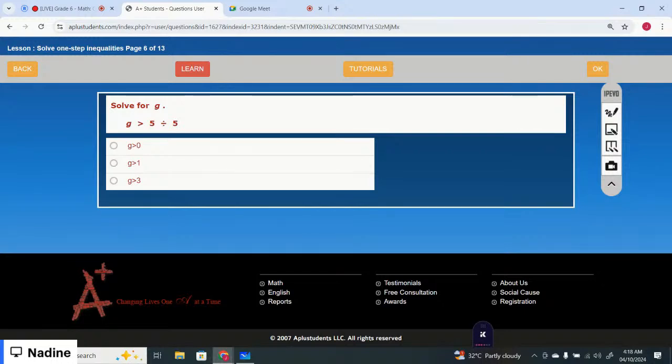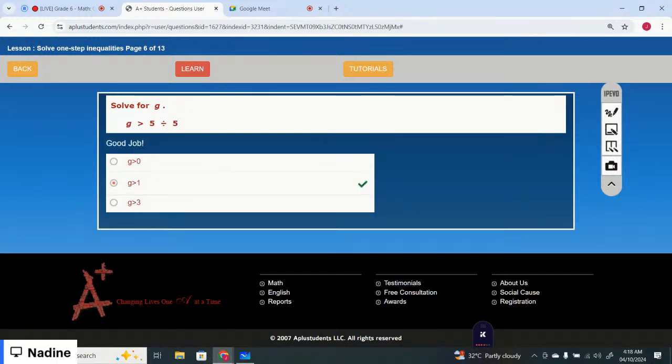Five divided by 5 is 1. So that means G is greater than 1. The correct option is option number 2. Very good.